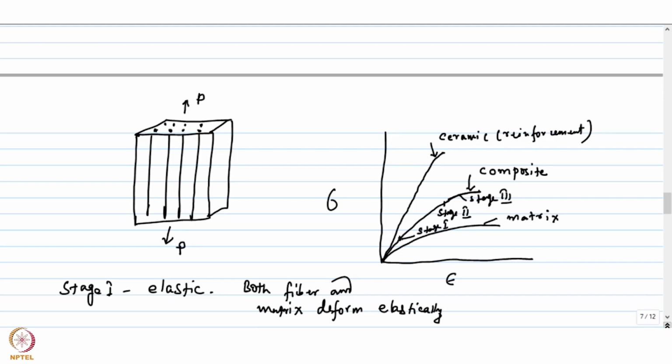Then as you increase the load, it enters stage 2, which is quasi-elastic in the sense that the matrix deforms plastically, but the fibers are still elastic. And then as the load is further increased, it goes into stage 3, where both the fibers as well as the matrix undergo plastic deformation. And at this stage, if the load is high enough, the fibers will also break. Okay. And ultimately, the composite will fracture.